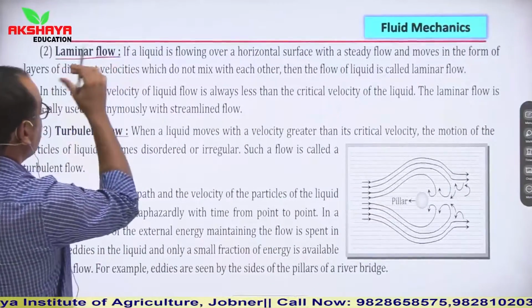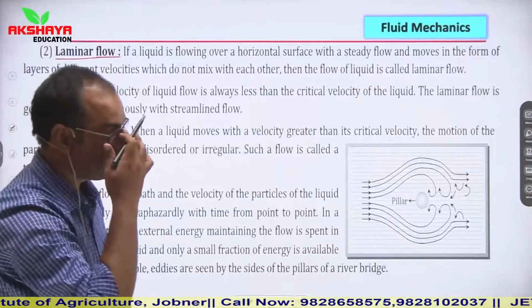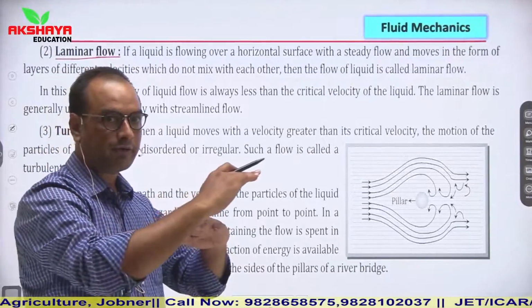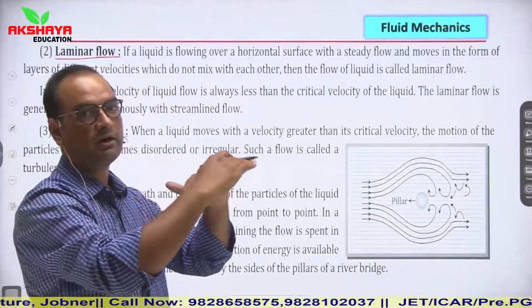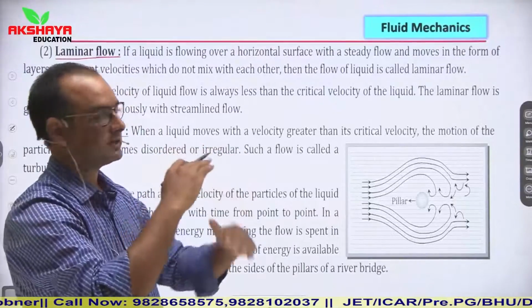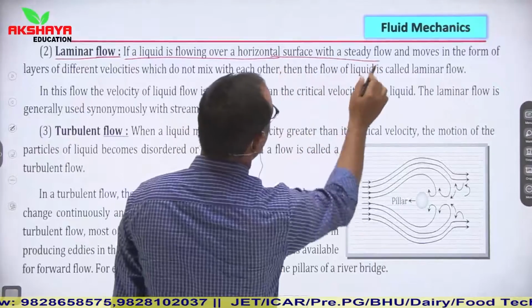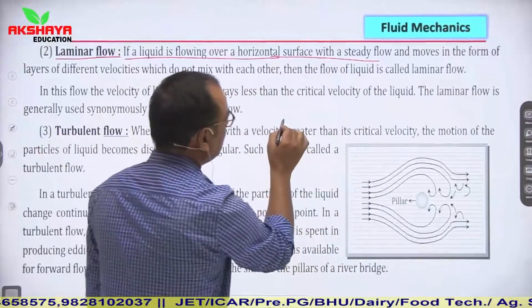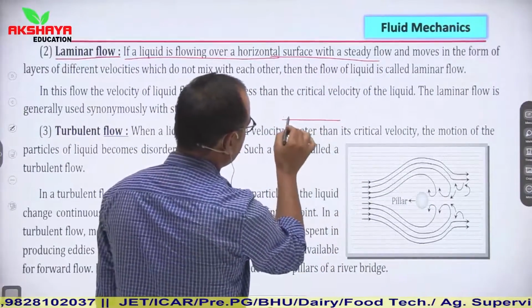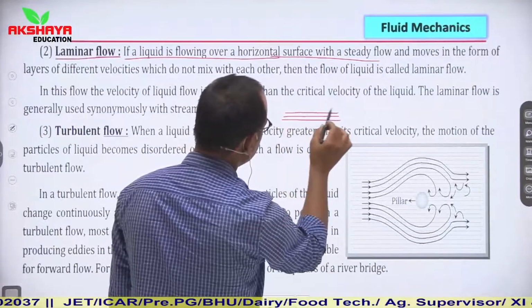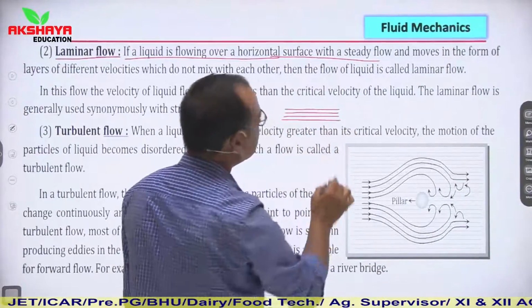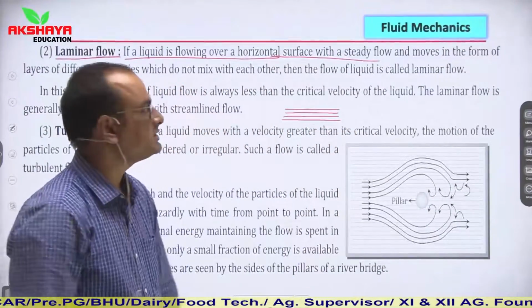Then laminar flow. Laminar flow means flow of fluid layers one on each other, one after another. So if a liquid is flowing over a horizontal surface with a steady flow, this is one layer, another layer is this way, then another layer is this way, and all these layers are in streamline, or you can say steady flow.